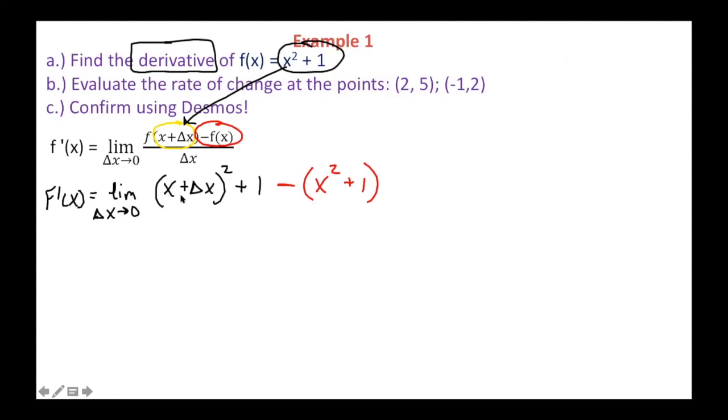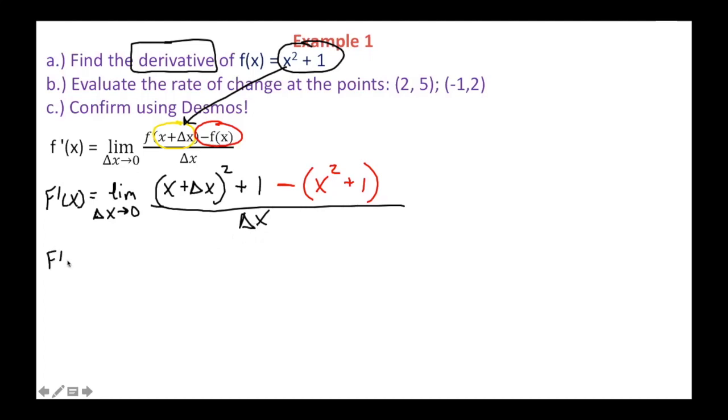So again, this is x squared, plugging in x plus delta x, plus 1 was part of the function, and then we're subtracting the function, which is x squared plus 1. Now, we need to put this all over delta x. Now notice, there's no way that we could substitute this right away. If we plugged in 0 right now, we'd have division by 0, which we saw in our previous lessons. So we have to keep going.